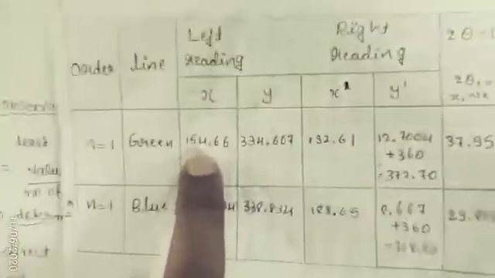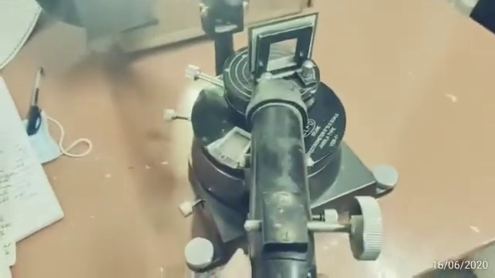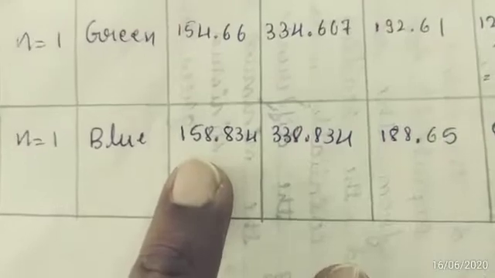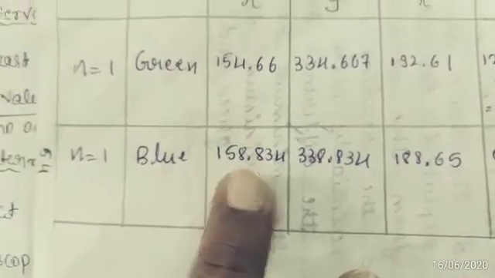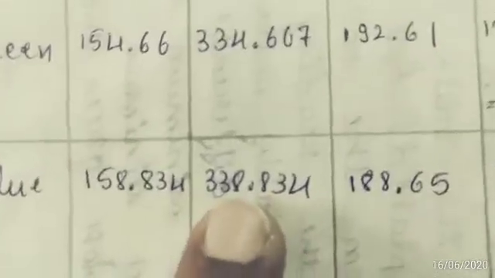I got 154.66, that is X, and Y value is 334.667. Now bring this telescope on blue line and note down the reading. I got 158.834 X and Y value is 338.834 degrees.